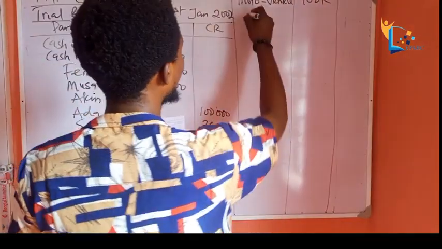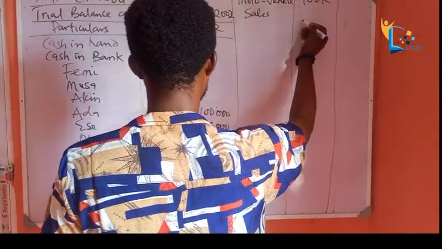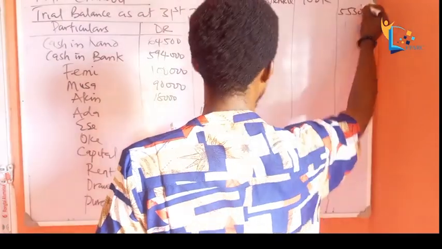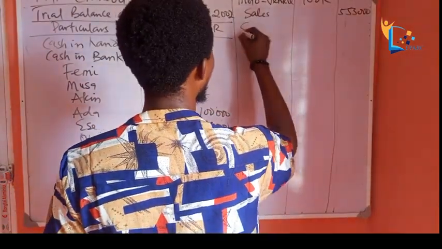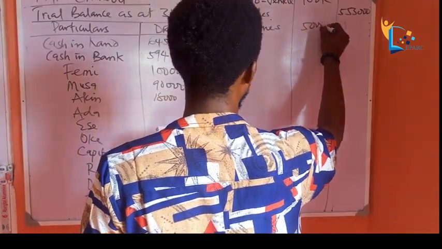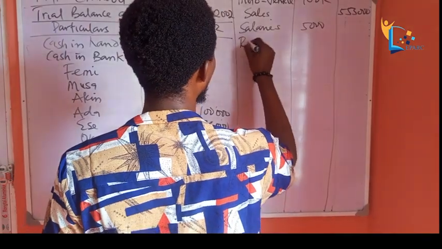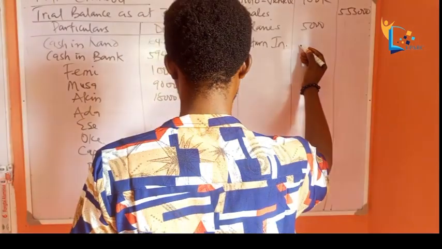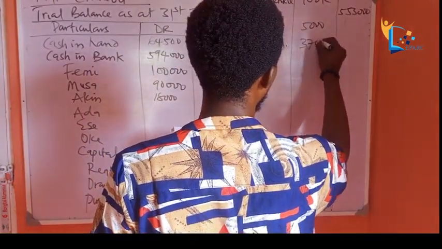Then we have sales, 553K. Then we have salaries, 5,000. Then we have return inward, which is 37,000.